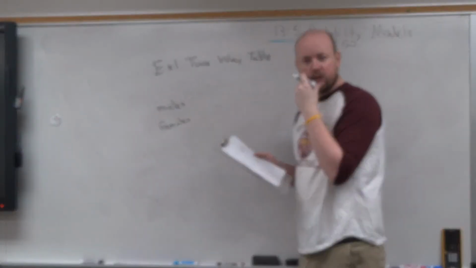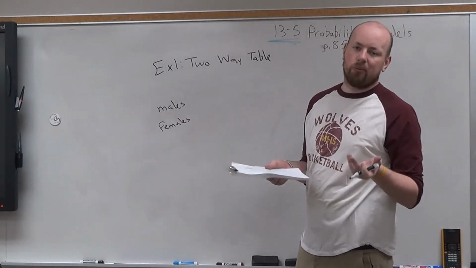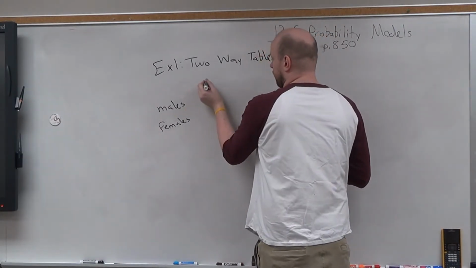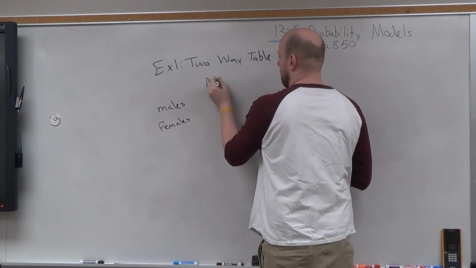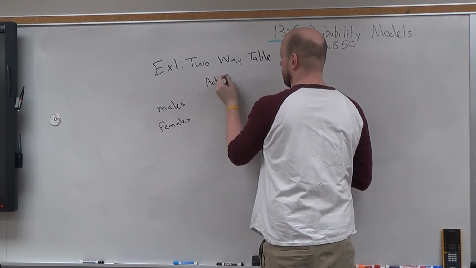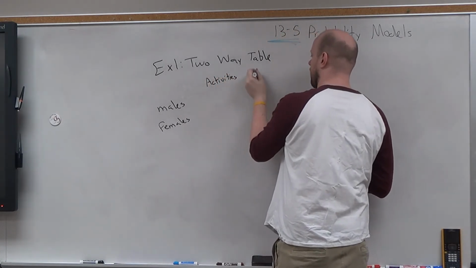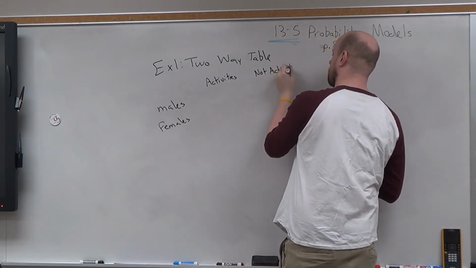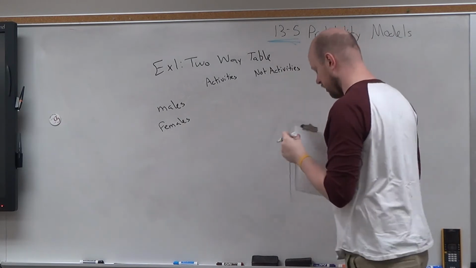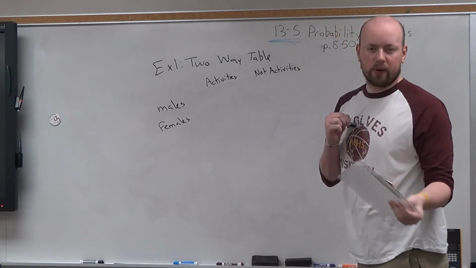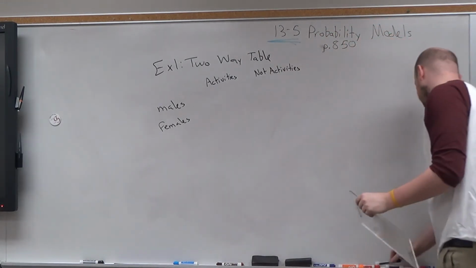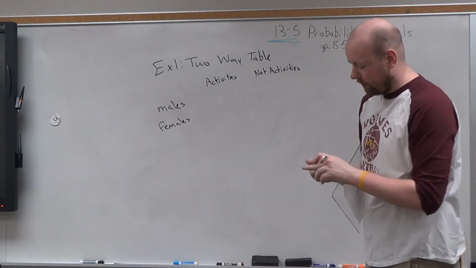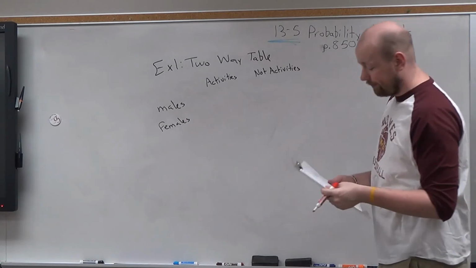We're just going to go with those two, just how the book does it. And then we have those in activities and those not in activities. I don't want to say sports because we always know that there are more activities than just sports. Obviously, you could be in quiz bowl, band, vocal, play, etc.